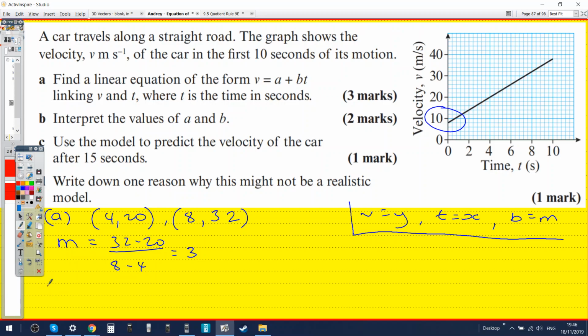Yeah. So would it then be v equals to 3t plus 8? Yeah. And I'll write it as 8 plus 3t because that's how they've written it. A plus bt.